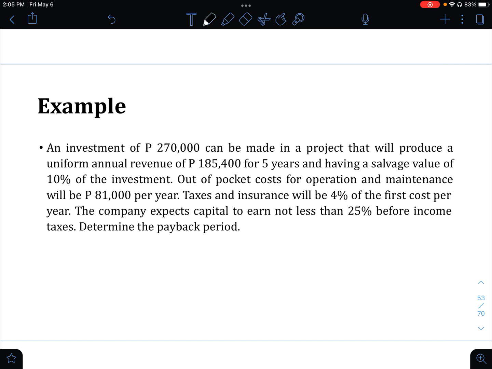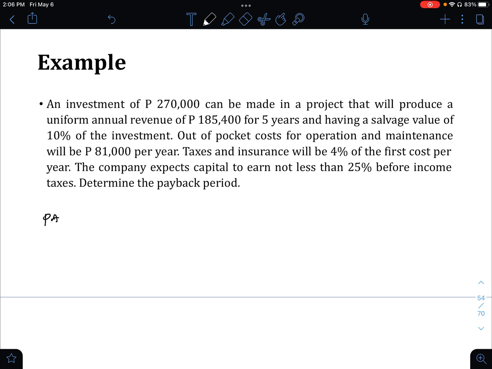For the payback period method, remember that it is defined as the length of time required to recover the cost of your investment from the net cash flow produced, at an interest rate of 0%. The formula is the investment minus the salvage value over the net annual cash flow.